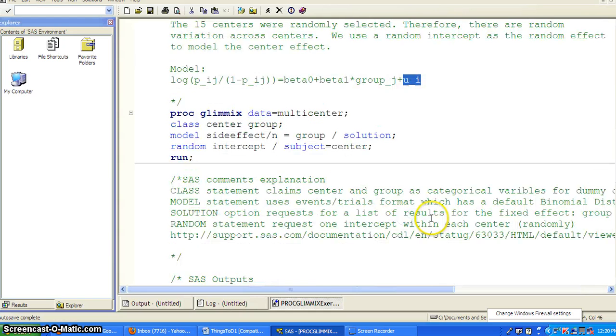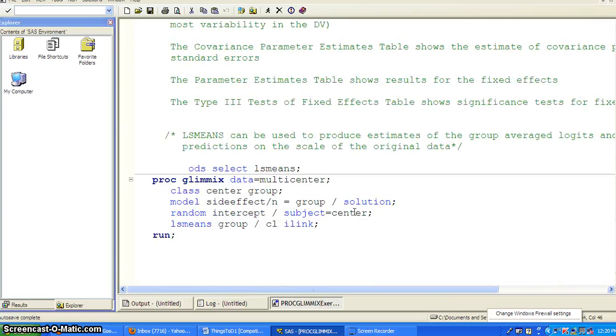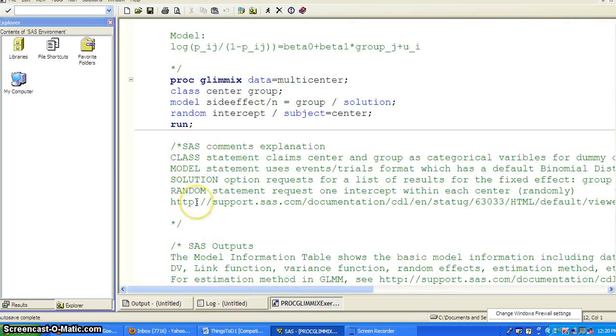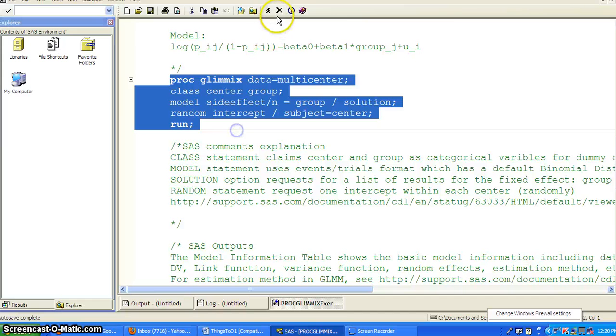So we say a random intercept. So here we use a random statement and put intercept in there, and then subject equals center. So that's the repeated measure indicator for SAS to loop through the repeated measures. So let's run it.